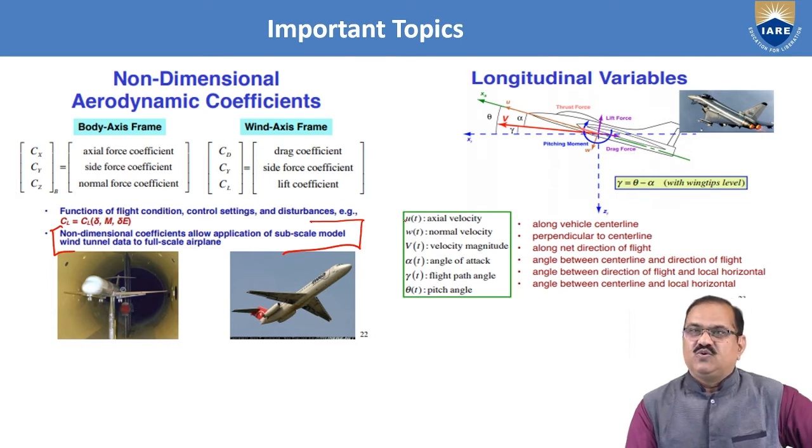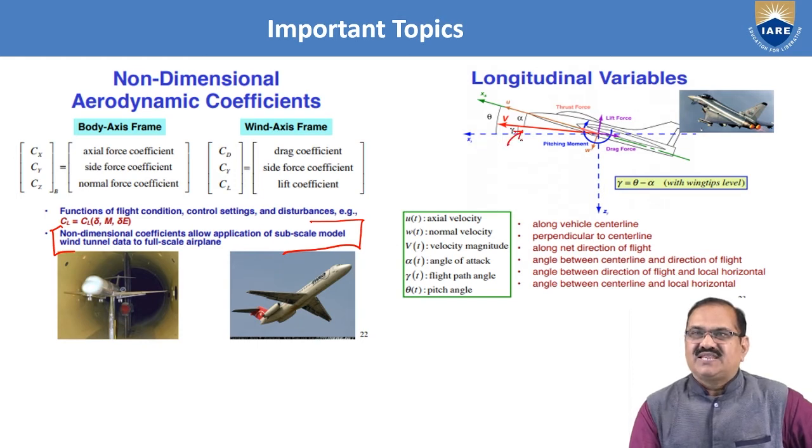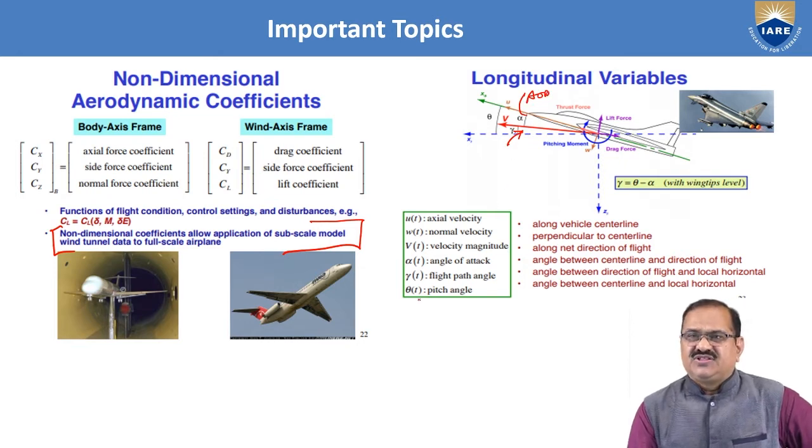The first parameter is u, the axial velocity. Then w is the normal velocity, v is the velocity magnitude, alpha t is the angle of attack, gamma t is the flight path angle, and theta t is the pitch angle. You can see here this gamma is the flight path angle, and this is the angle of attack. The pitch angle theta is measured from the horizontal plane, the xy plane of the aircraft, to the axis of the aircraft.